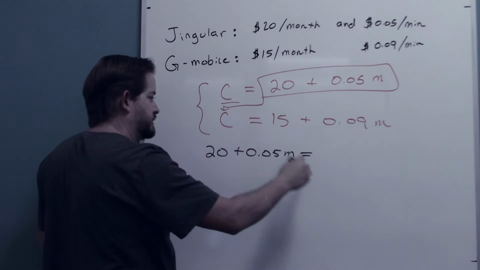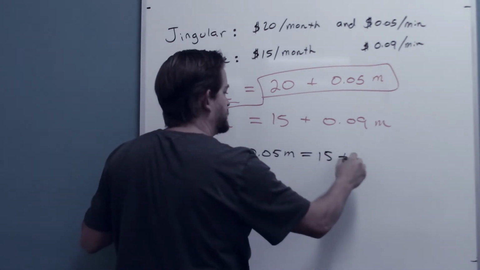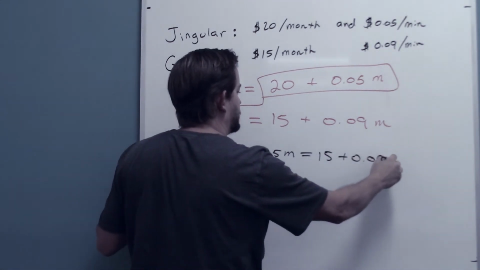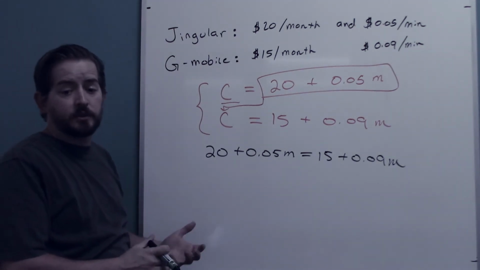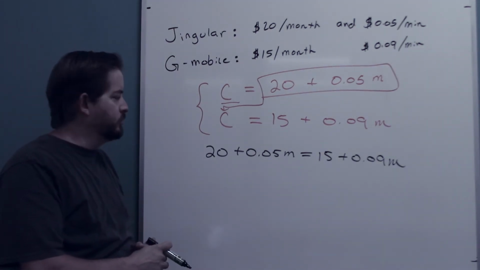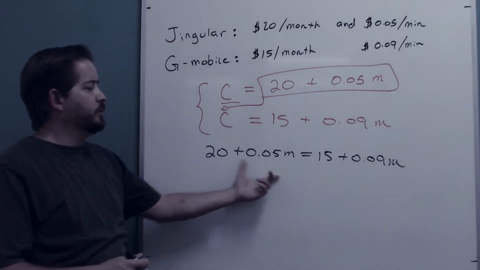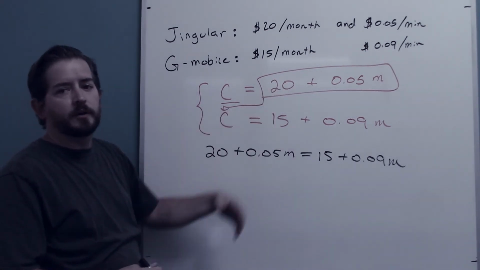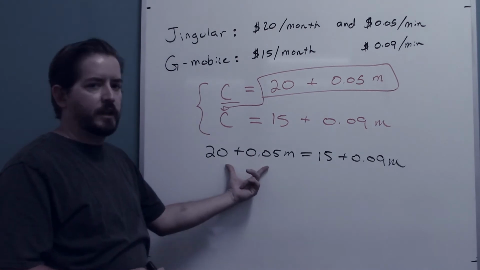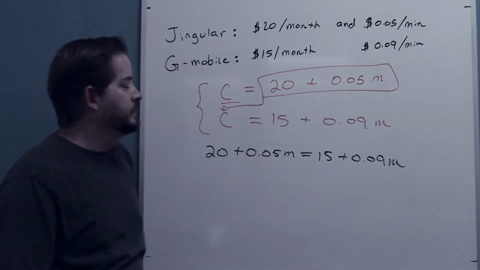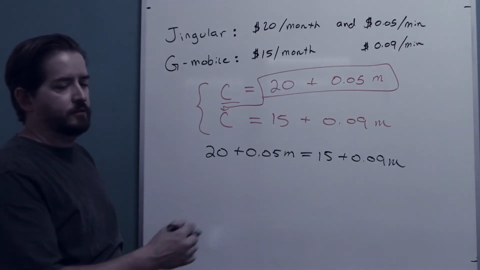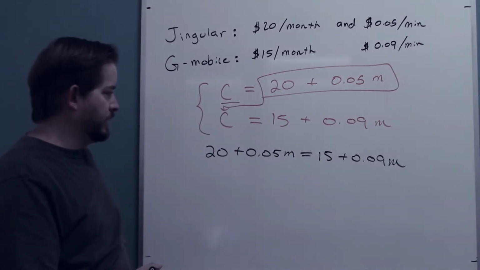When is that equal to 15 plus 0.09 m, right? Which a few sections ago, a few chapters ago, in chapter, I don't know, 1 or 2, we probably would have just set this up and skipped the system altogether. We would have said the cost of plan 1 is equal to the cost of plan 2, and there's only one variable. So we kind of would have sidestepped this to begin with.